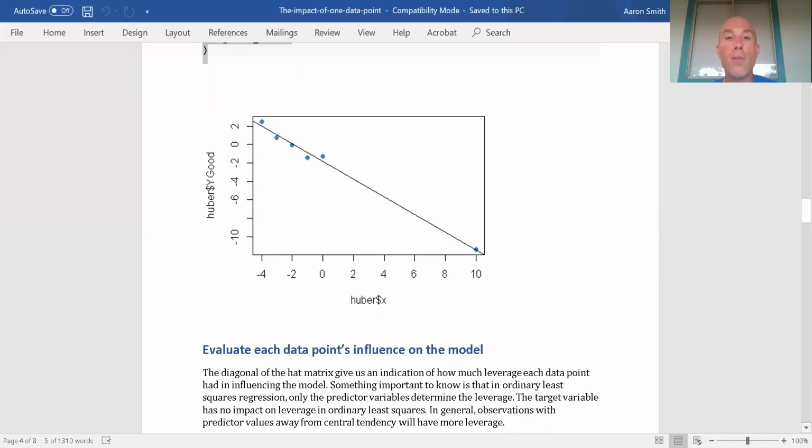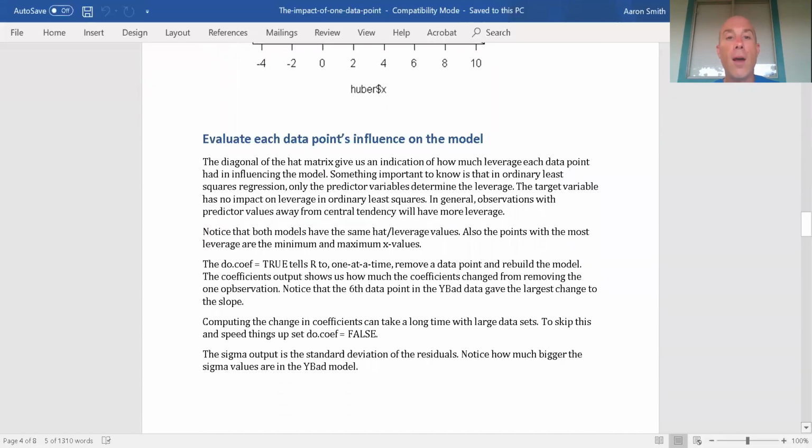All right, so now let's go ahead and take a look at the influence of each point in the model. There's something called the hat matrix that we will be looking at later. Now, the diagonals of the hat matrix evaluate the influence of each data point, but there's a catch. In ordinary least squares regression or weighted least squares regression, only the x coordinate has influence. And so it works out that in general, the points that are farthest from the central tendency will have more influence.